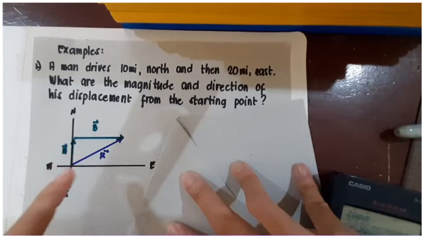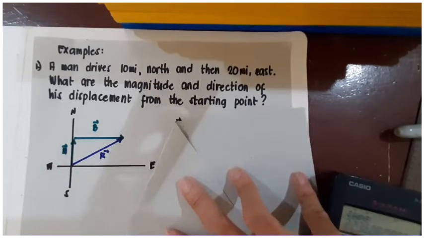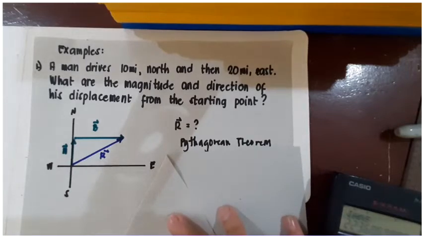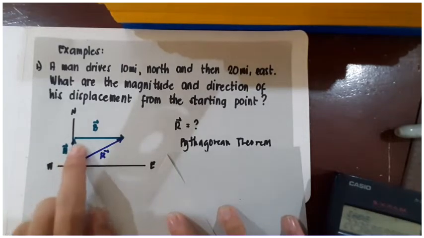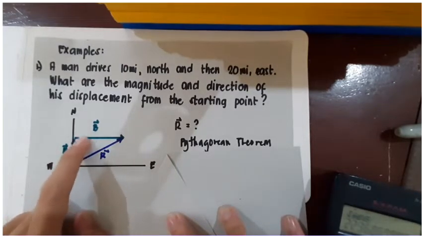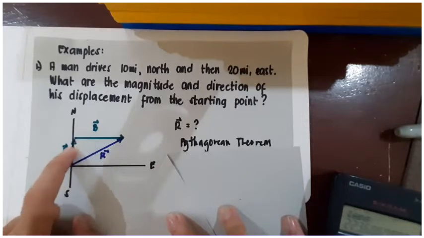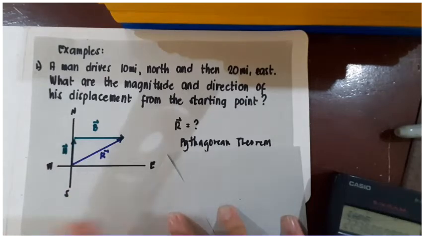Okay, so how to solve for your resultant vector? Again, we are going to use the Pythagorean Theorem. Why Pythagorean Theorem? It is applicable since it forms a right angle here, since we have now a right triangle. So we can use the Pythagorean Theorem.